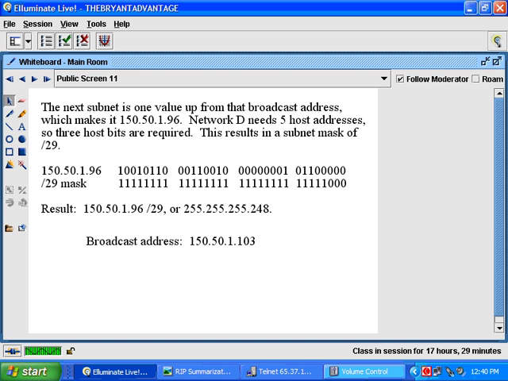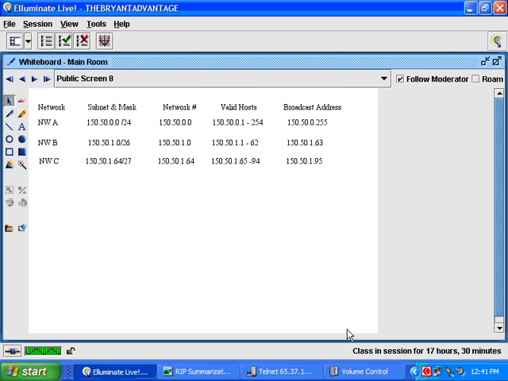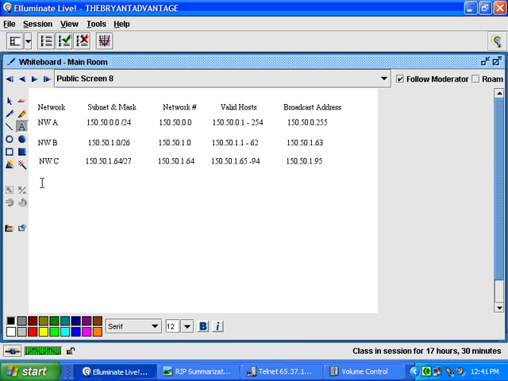150.51.96. But again, keep in mind with the broadcast address, you're setting all 3 host bits to 1, but the 64 and 32 bit are already set. So that gives us a broadcast address of 150.51.103. So we'll go back to our chart and put that on there. And again, just as a reminder, you want to be really careful with that, because anytime that your broadcast address is lower than your network number, there is a problem in there somewhere.